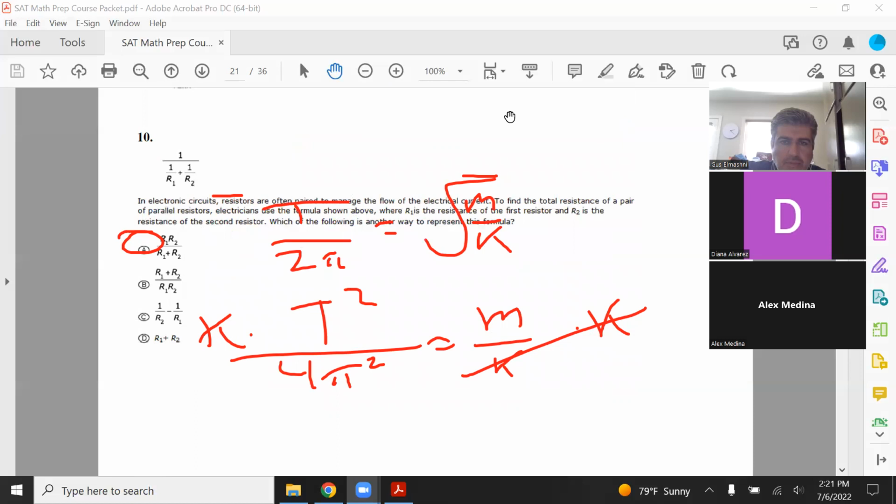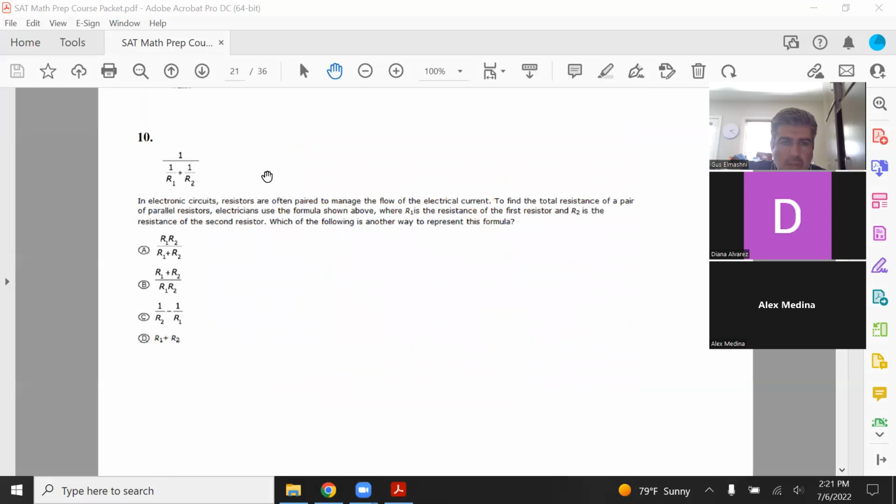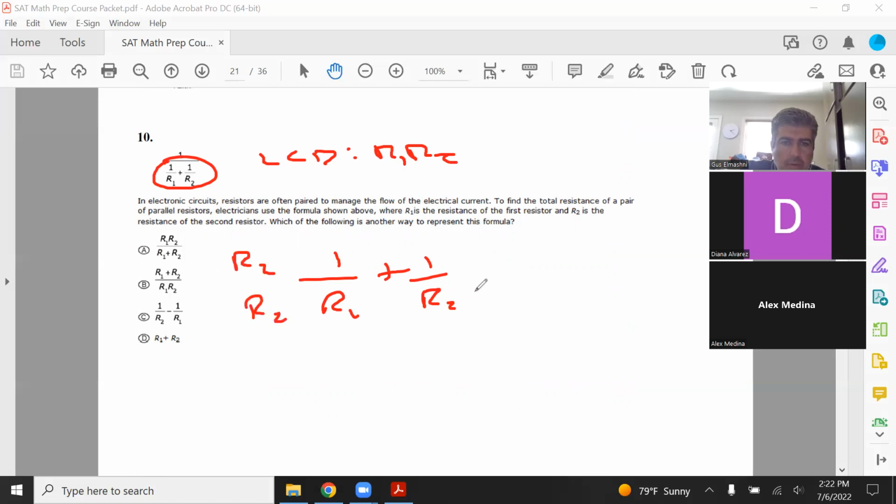Last one. You want another way to represent this formula. It looks like they combined these two fractions. The LCD is R1, R2. So I'm going to multiply this by R2 over R2, and this by R1 over R1. So R2 plus R1 over R1, R2, but then you have 1 over all that.